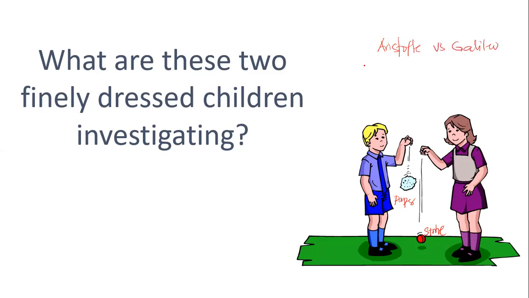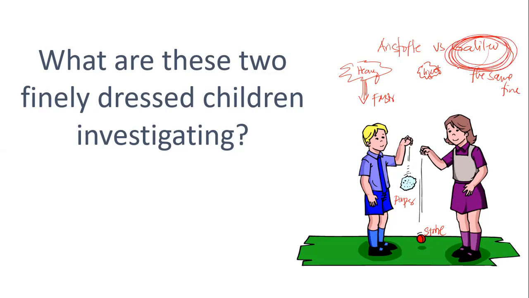So according to Aristotle, if you have a heavy stone and this is a light stone or smaller stone, the heavy stone will fall faster than the lighter one. But according to Galileo, they will fall at the same time. And Galileo proved this claim by performing this kind of experiment at the Leaning Tower of Pisa. Okay, I think you're familiar with that already.